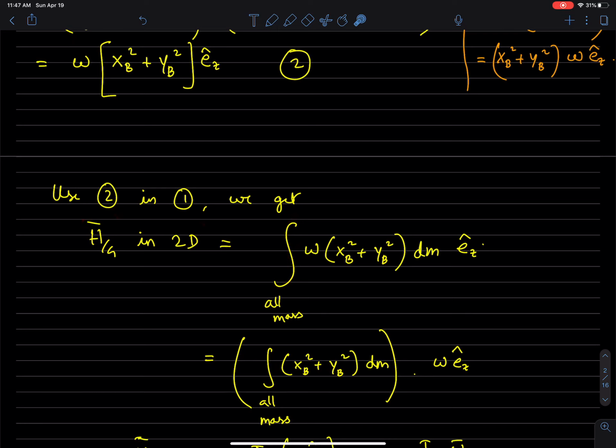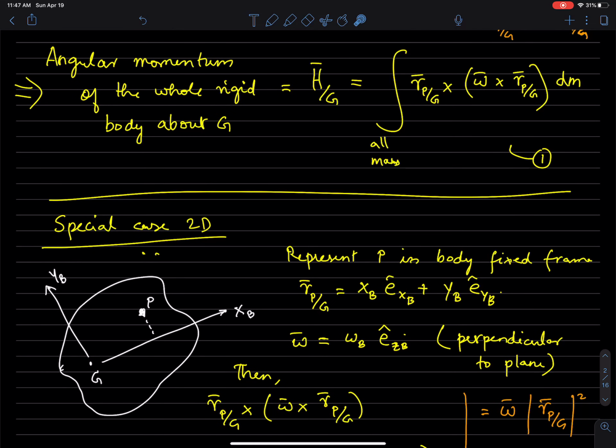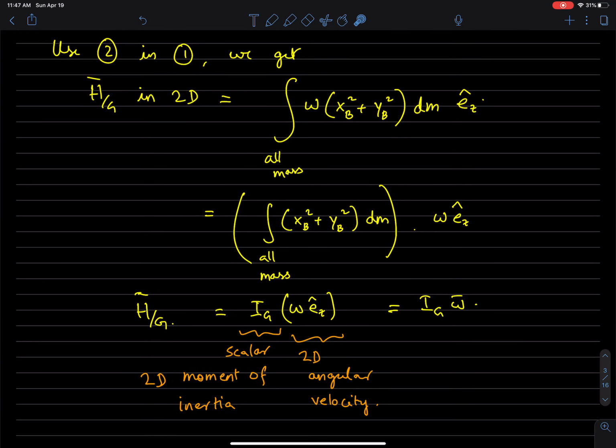That whole cross product comes down here, omega (xb squared plus yb squared), and the dm comes down as well. We are integrating over all the little pieces of mass in the rigid body, and the angular momentum is only in the Ez direction because we are still in 2D. We can rearrange things.